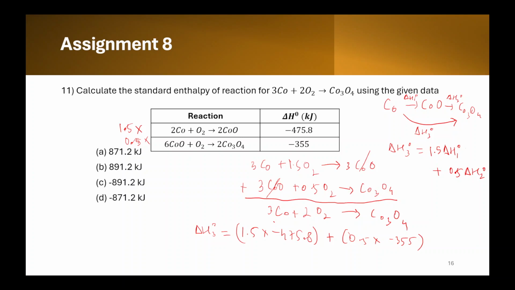So minus 891.2 kilojoules. So the correct answer is C part.